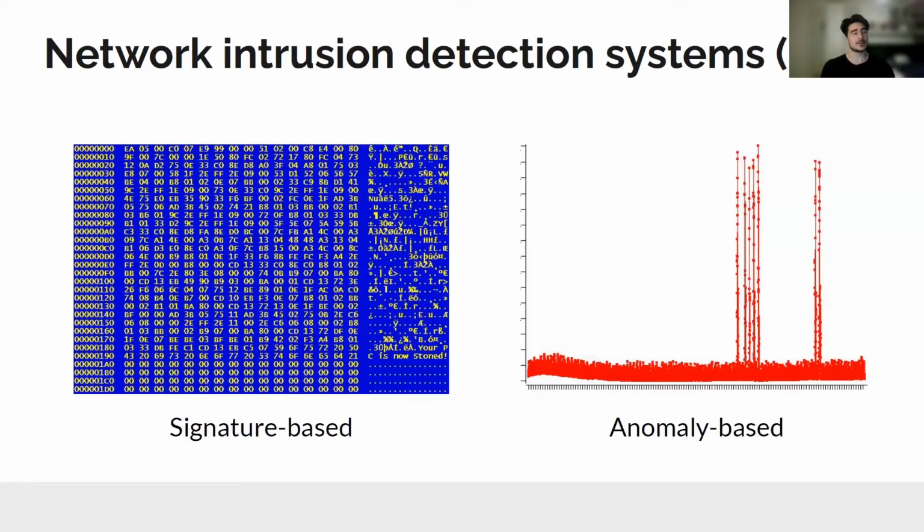So, for example, specific byte streams that are very characteristic of a particular exploit, or maybe the order in which packets enter the network that are characteristic of a certain type of C2 server.